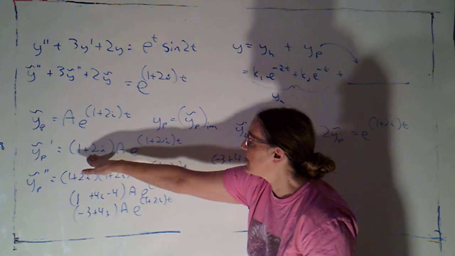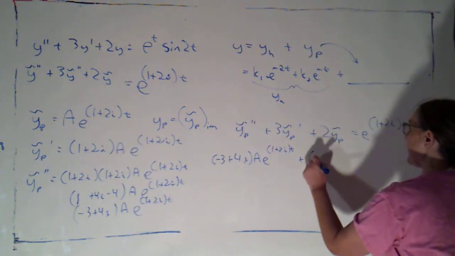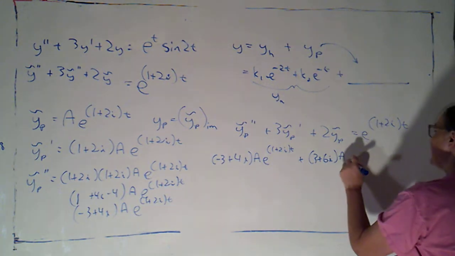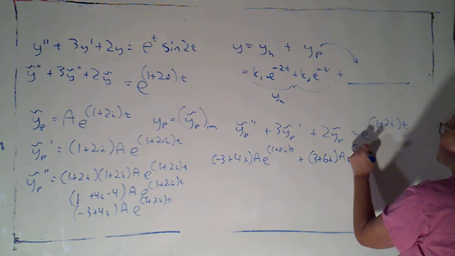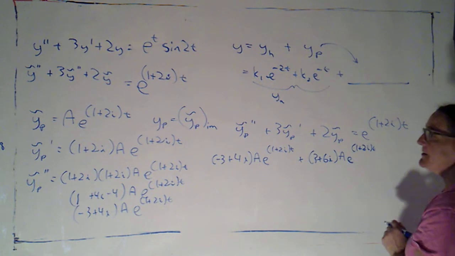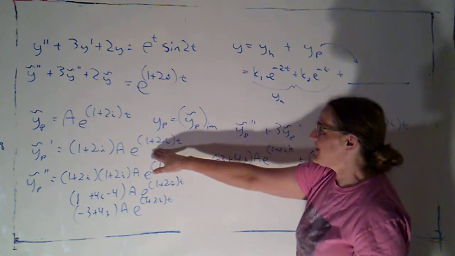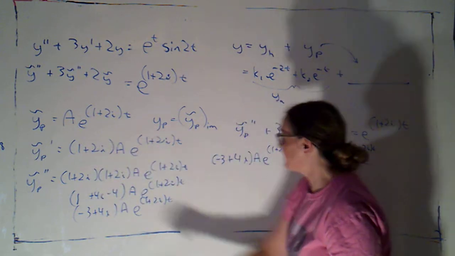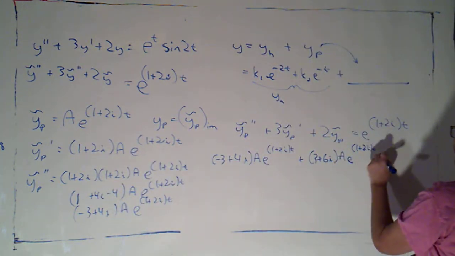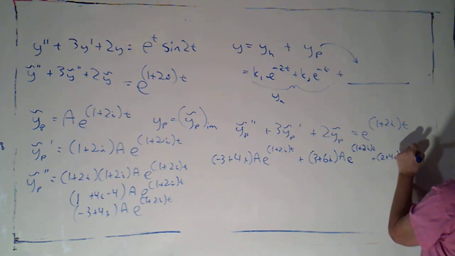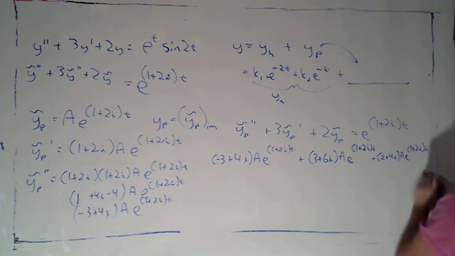That's just going to make this a 3 plus 6i times a e to the (1 plus 2i) times t, plus 2 copies of yp. That's going to make this a 2 plus 4i times a e to the (1 plus 2i) times t.